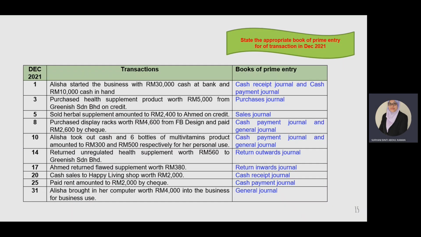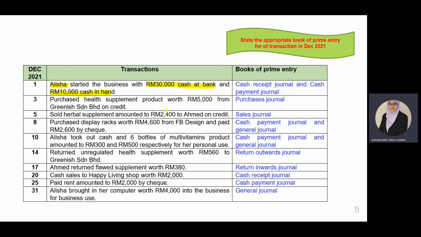Okay, next example. On this example, again, we can see the same question where we need to state the appropriate books of prime entry. Let us start with the first one as an example. Alicia. Who is Alicia? Alicia is the owner. She started the business with 30,000 cash at bank and 10,000 cash in hand.